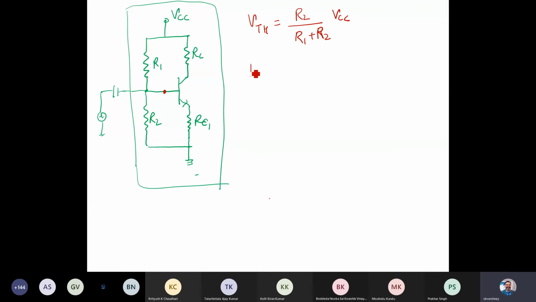And the Thevenin equivalent resistance RTH would simply be R1 parallel to R2, right?